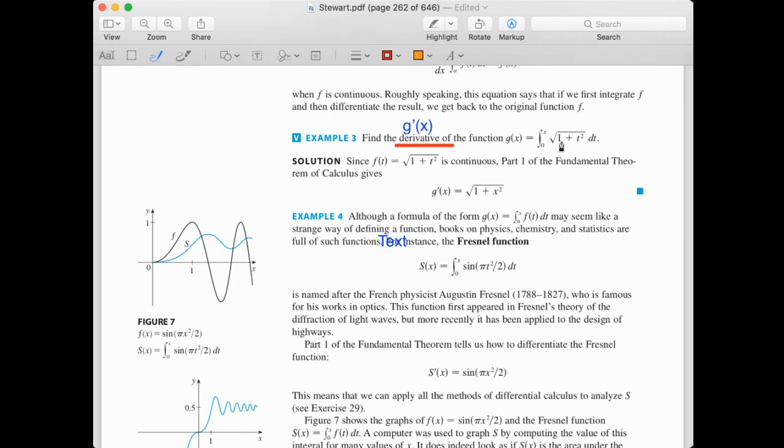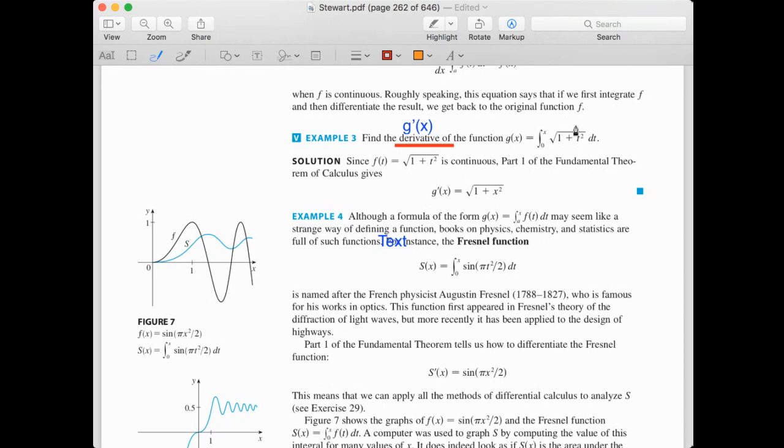What's the domain of this integrand? We have t squared, which means the domain of this integrand is all real numbers. So we can talk about from 0 up to infinity. We can easily choose x as a number between 0 and infinity, because the domain of this function is all real numbers.